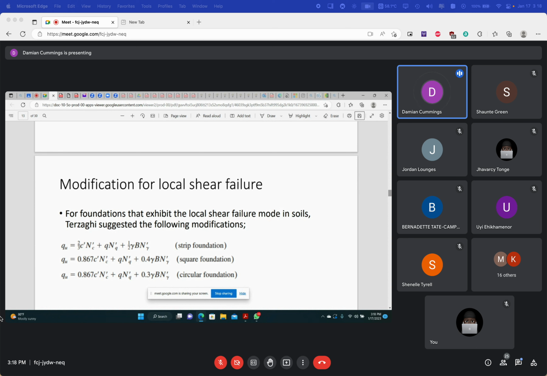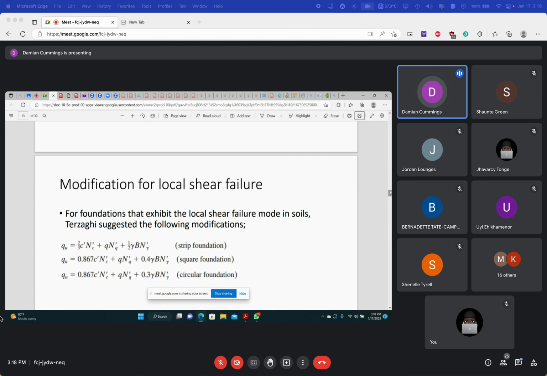Based on that graph, you can determine what type of failure you are expected to encounter within your soil. Based on that, you can know if you must use the modified bearing capacity equation or the general form. Understood?